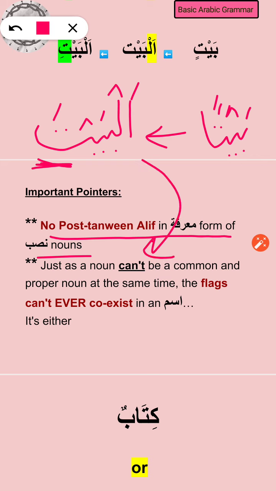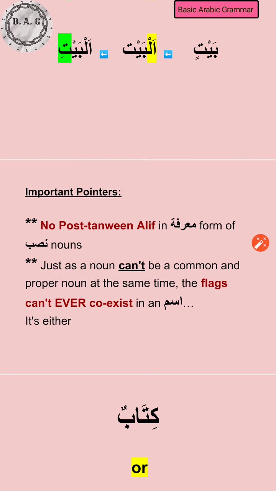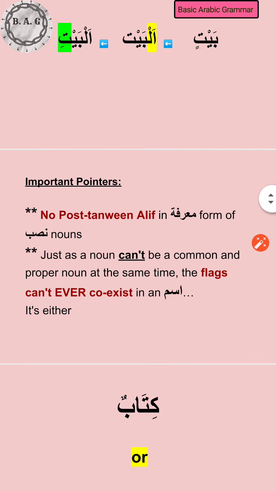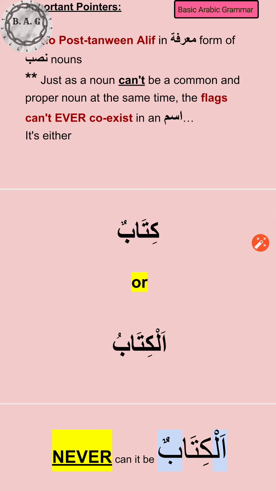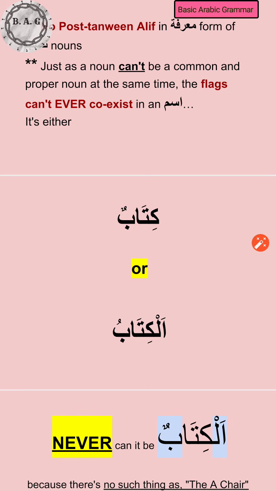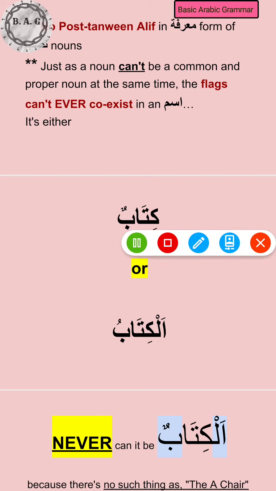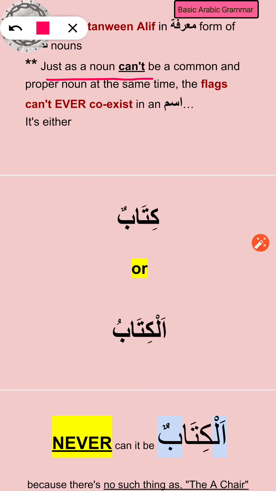Then, this is my favorite point, and people make this mistake a lot of times, and that's why I have elaborated it like this. Let's read what I have written over here. Just as a noun cannot be a common and a proper noun at the same time, for example, a kitab, a book, it's either going to be a book or the book, never both.